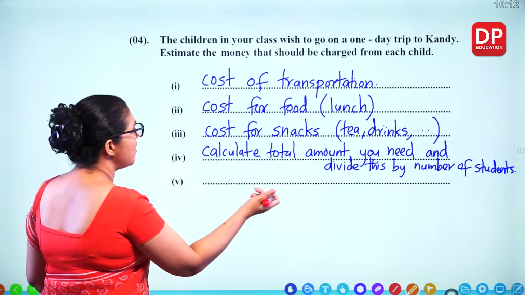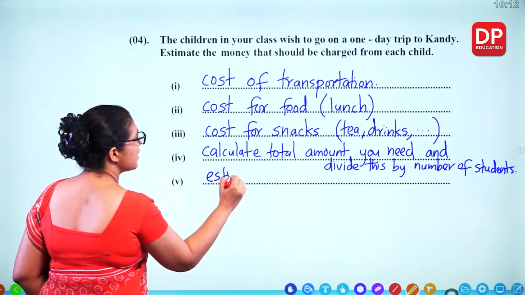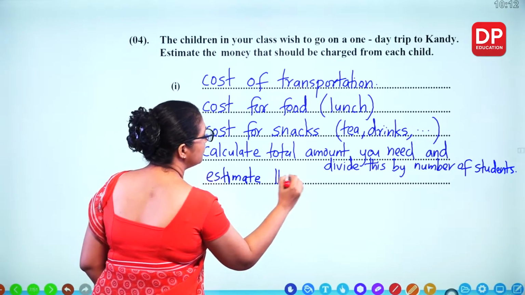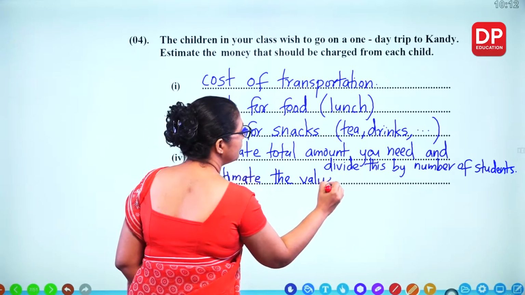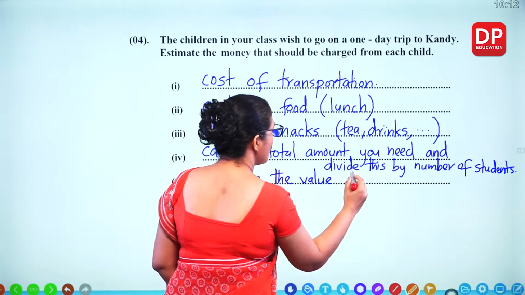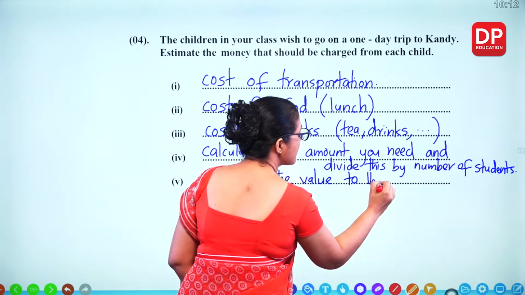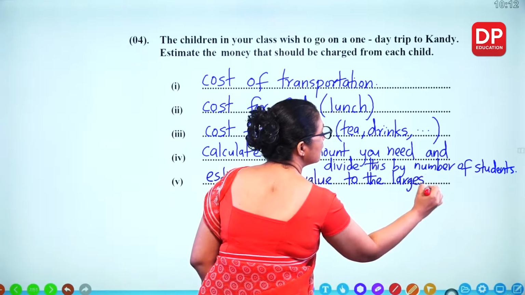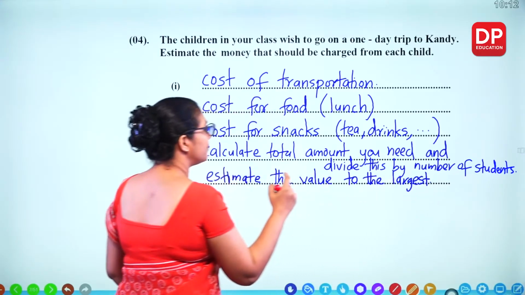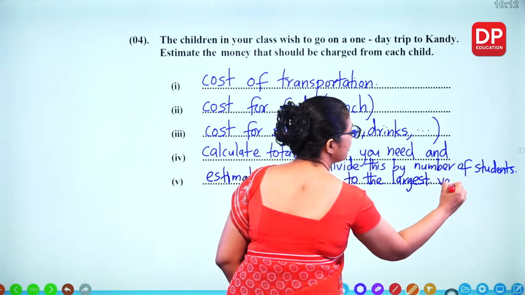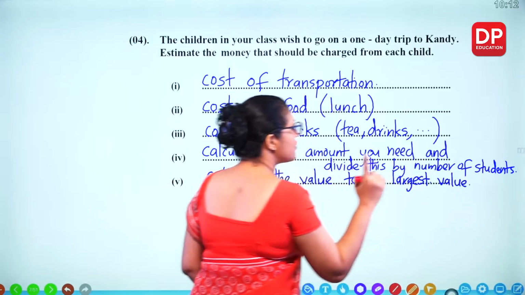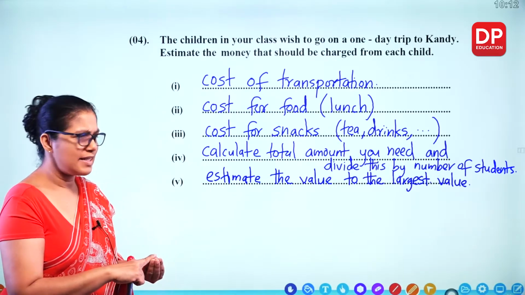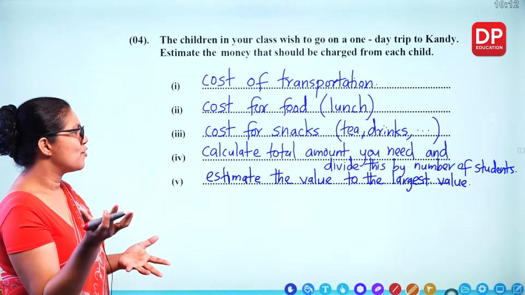So we take the estimate value to the highest, to the largest value, because you are not taking a lower value. So if this is 230, you say 250 rupees.